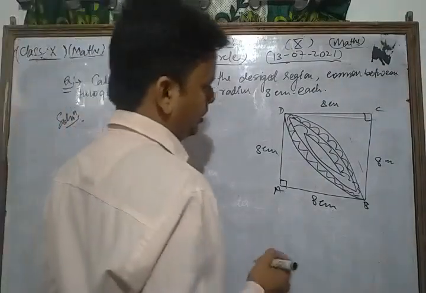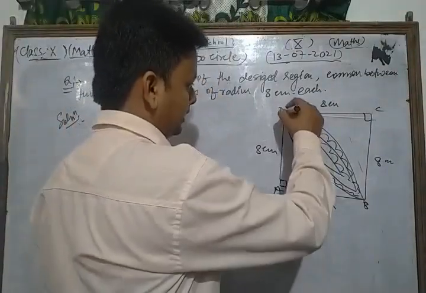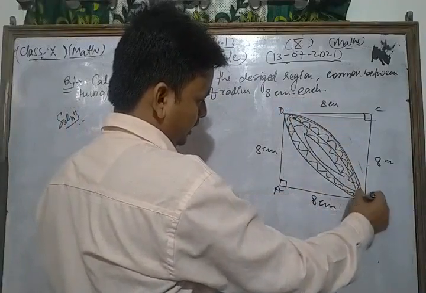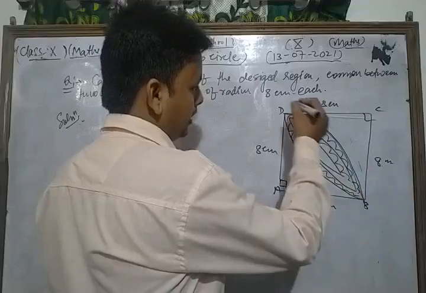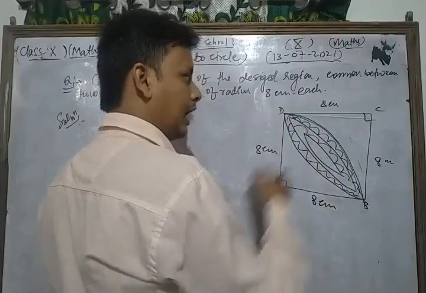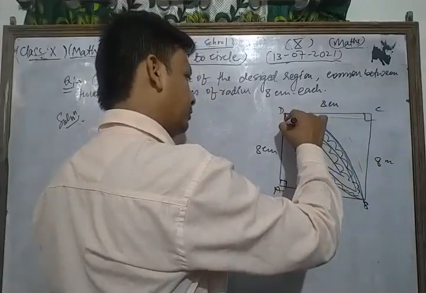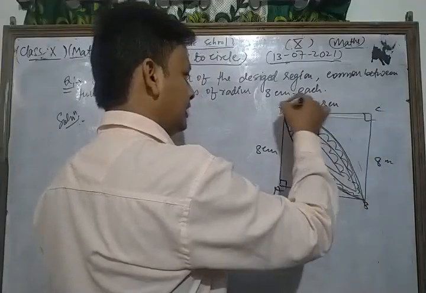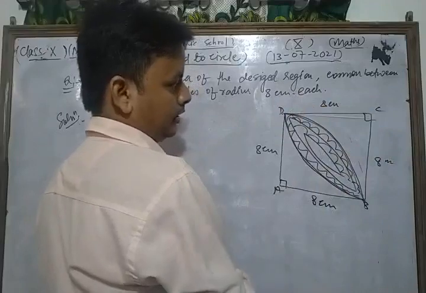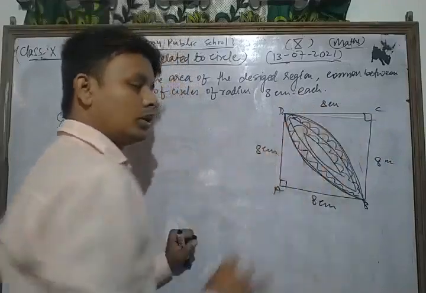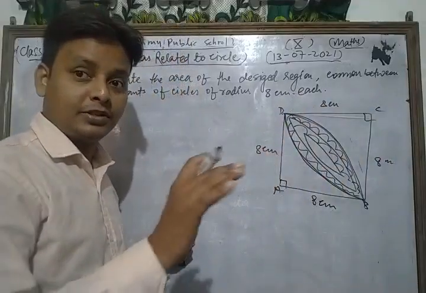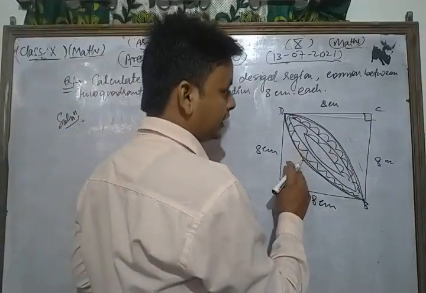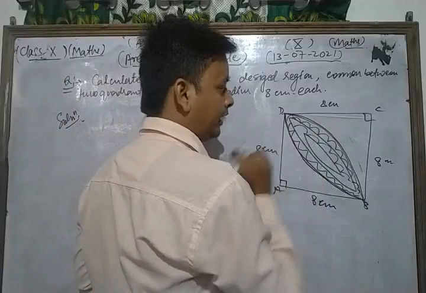So first of all, we take two quadrants here. First one is quadrant ABD, and the other quadrant is CDB. But in both the quadrants, there are some common areas. But this is the unshaded region, na? We only find that.